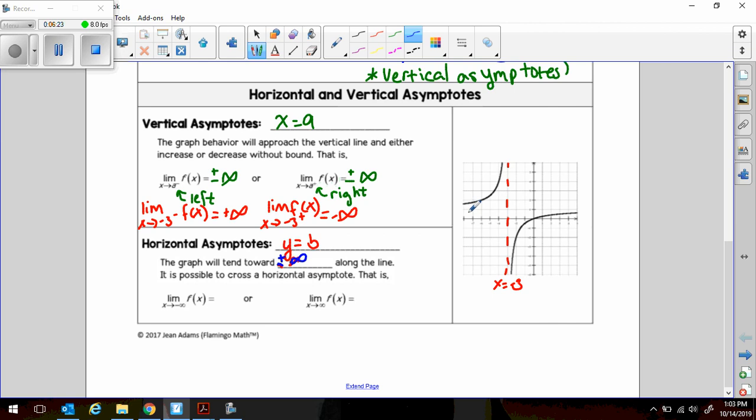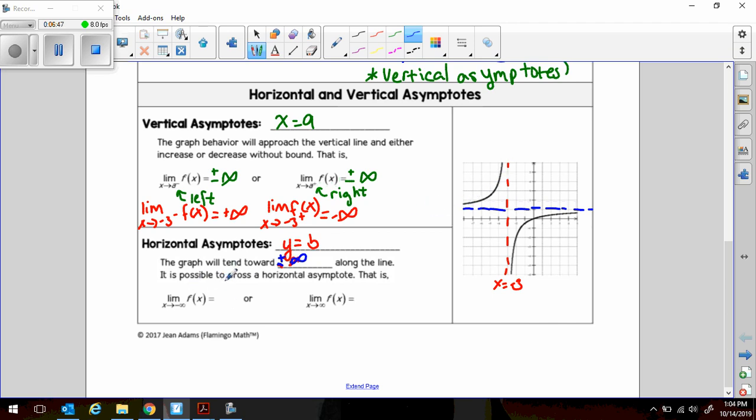What this means is this looks like the horizontal asymptote right here. And we're going up towards the right, so that'd be positive infinity as we get closer and closer to that line. And as we get closer and closer to that line from the left, we go to negative infinity.